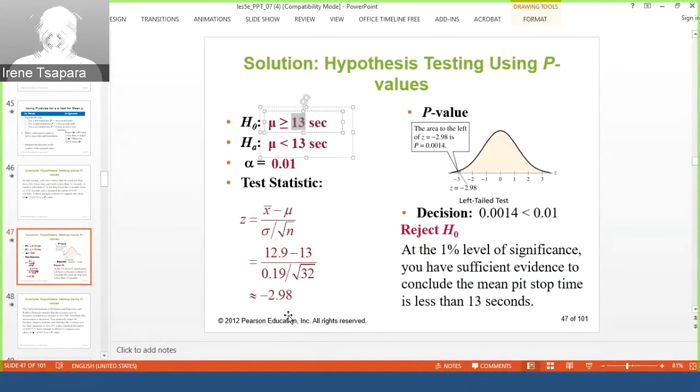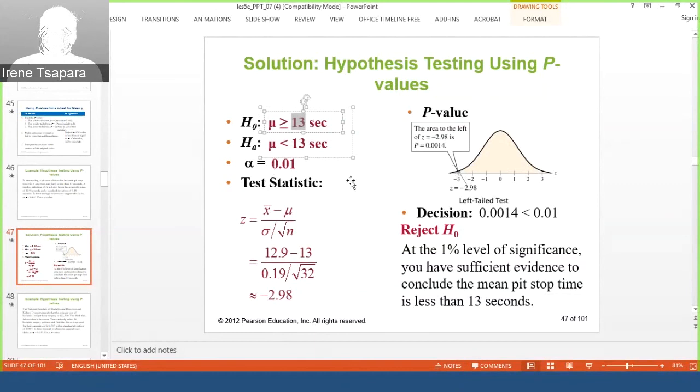So it's going to give us the area to the left of that score. The p-value is going to be nothing else than the area from the negative 2.98 to the left.